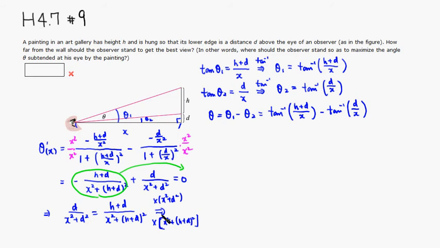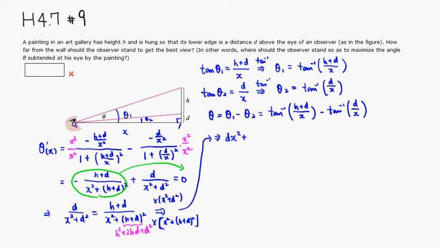This gives us d times that, so d x squared plus d times h squared plus 2hd plus d squared.